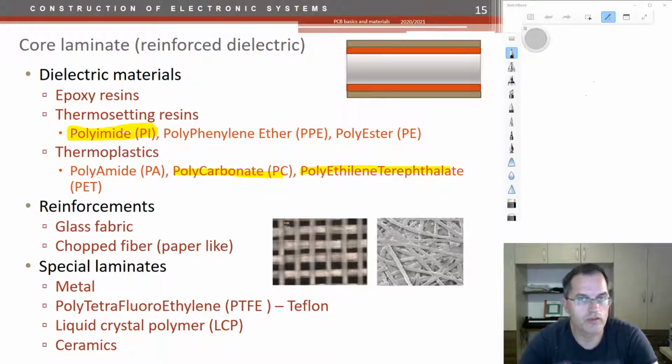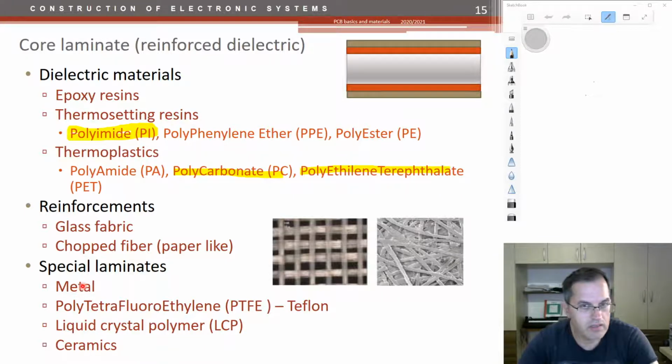Polyamide is also called Kapton. And polycarbonate and polyethylene terephthalate is the common plastic we use every day for bottles. There are also some other materials that are quite often used in the group of special laminates.